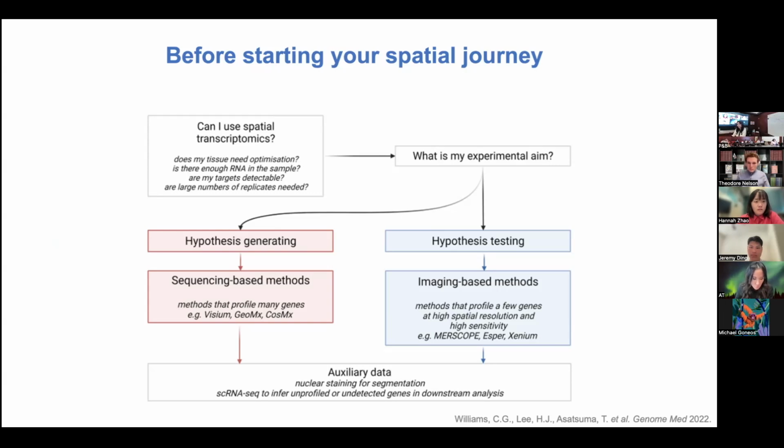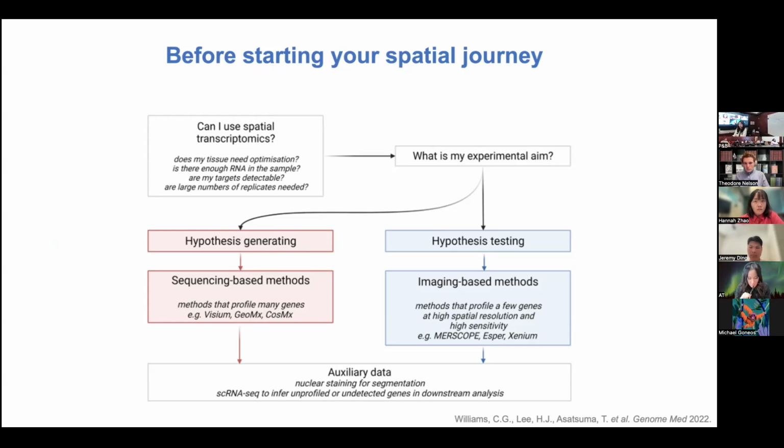So if you already have a well-defined panel or a list of targets that you're interested in, you often go with imaging-based methods, where we can do the imaging, the single-molecule FISH or multiplex IF to specifically identify these markers plus other cell type specific markers.